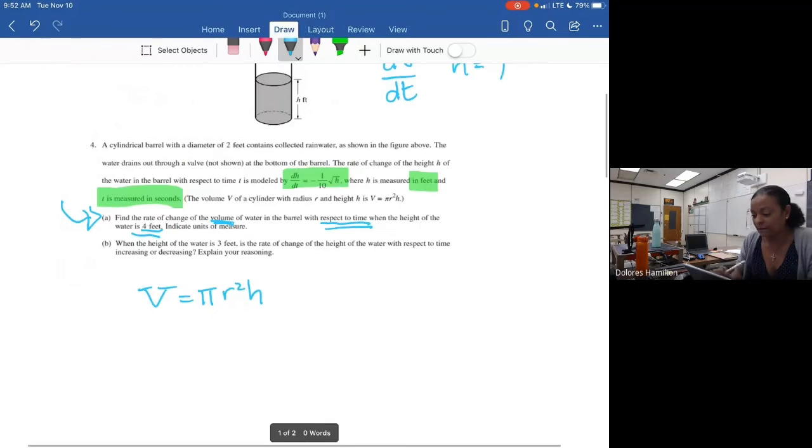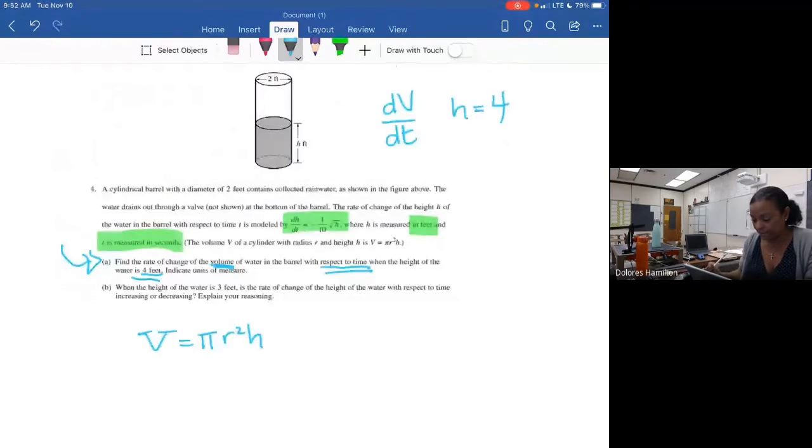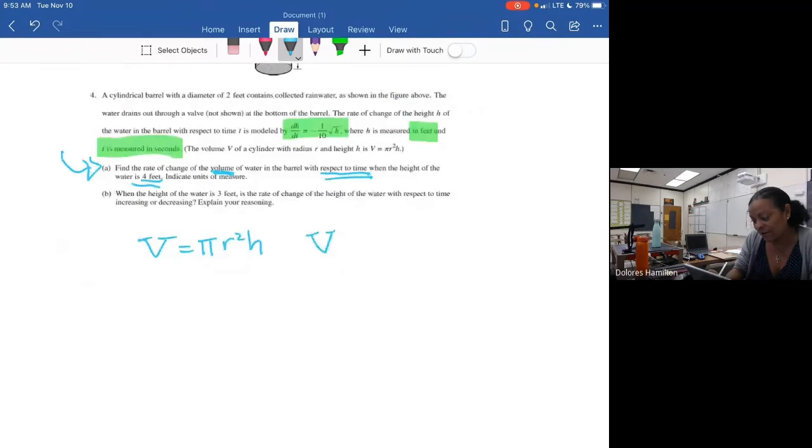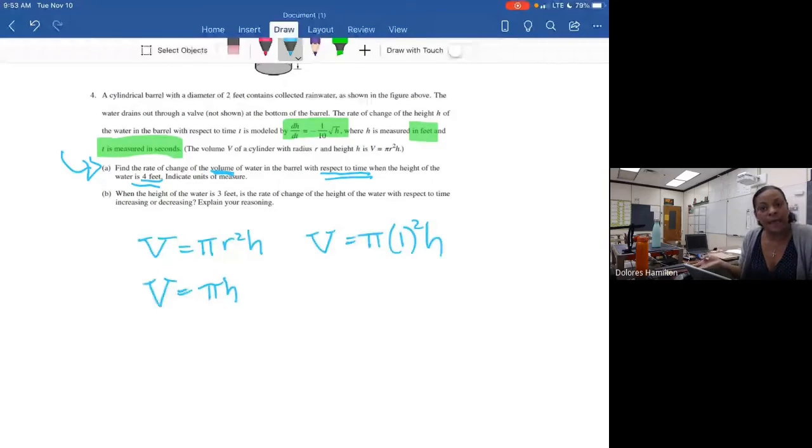Let's look at that r in that problem. Is my r going to change? No. It's a cylinder and my r is constant. What's the radius of that cylinder? 1. So I can rewrite that equation actually as pi times 1 squared h, or just pi h.